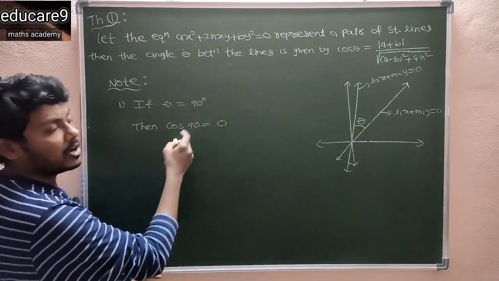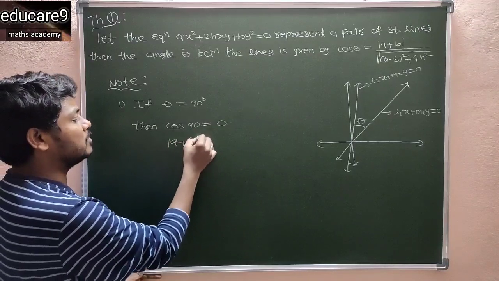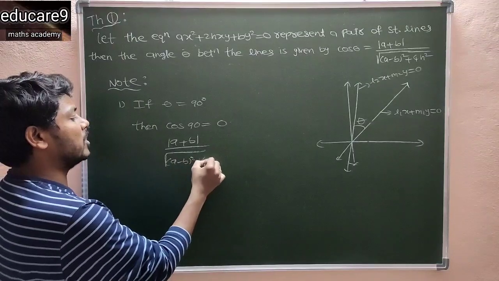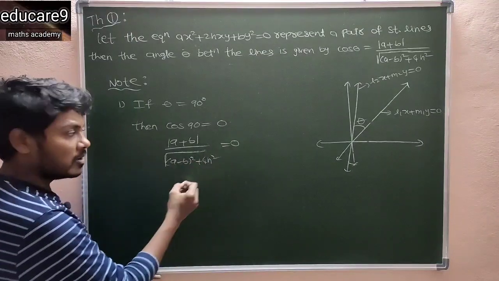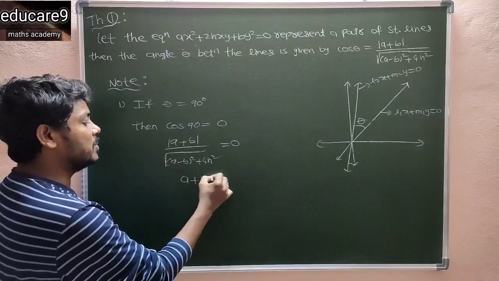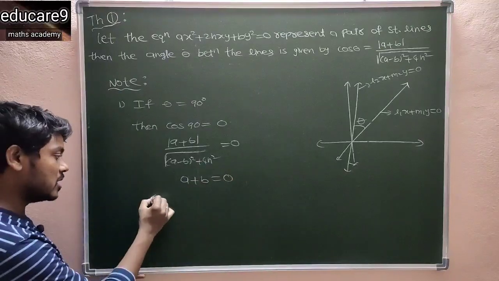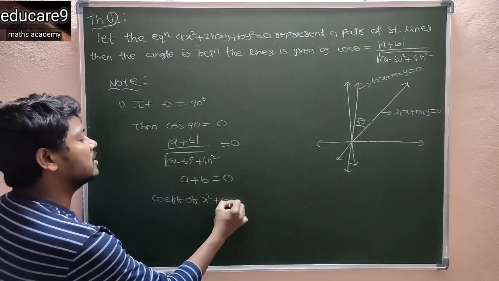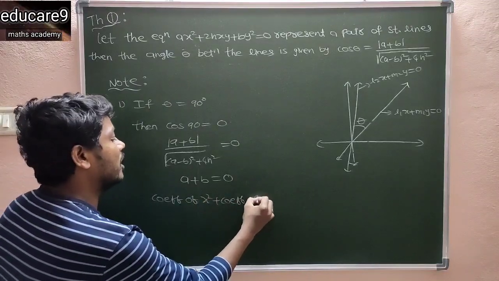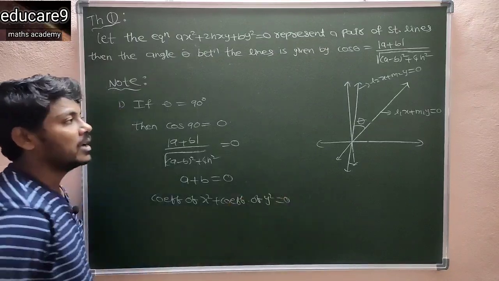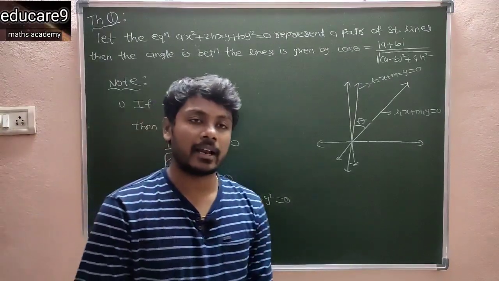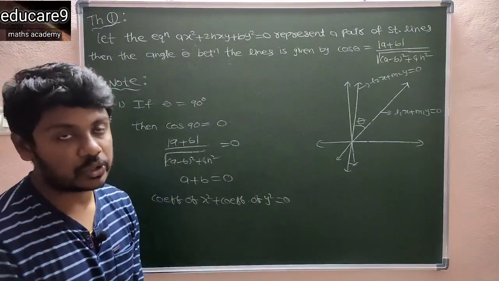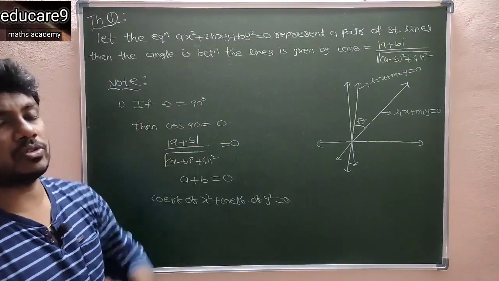Therefore, modulus of A plus B by square root of A minus B whole square plus 4H square equals 0. From this, A plus B equals 0. So coefficient of x square plus coefficient of y square equals 0. If two lines are perpendicular, then coefficient of x square plus coefficient of y square is 0. So this is the first note.